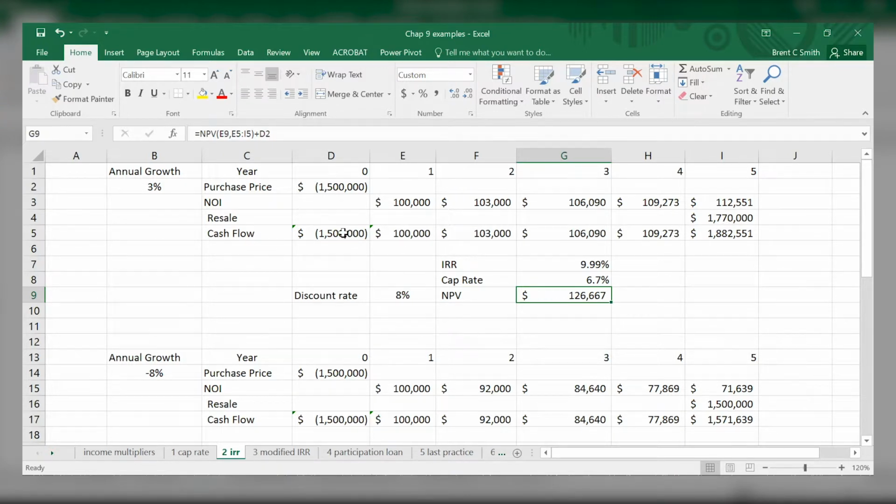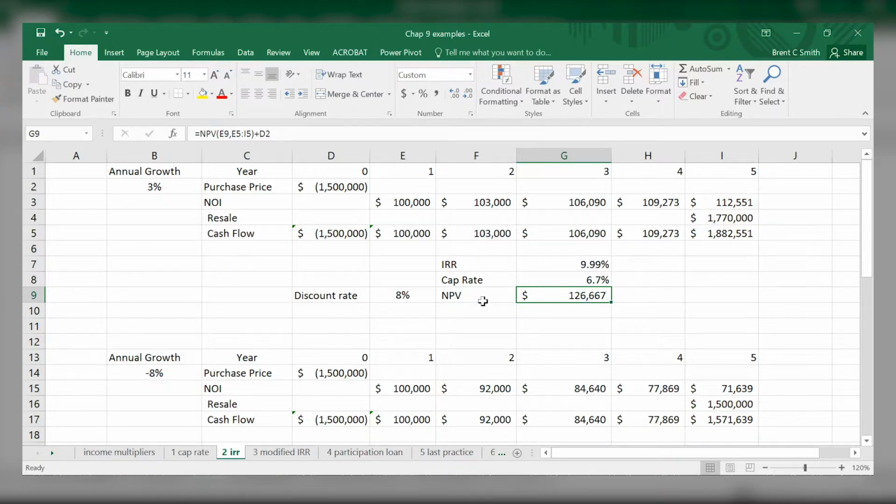If you were to include this one, Excel will discount this as though it's going to be paid out a year from now. So it'll actually be less than 1.5. Likewise, year 1 will be discounted as though it's received 2 years from now, and so on. And so the number won't be accurate.